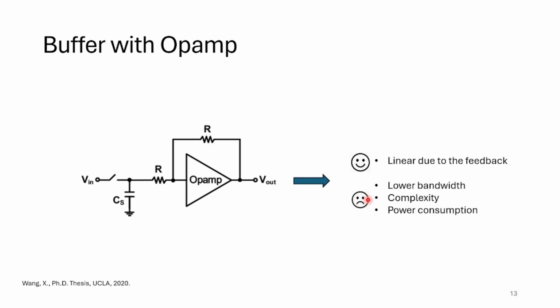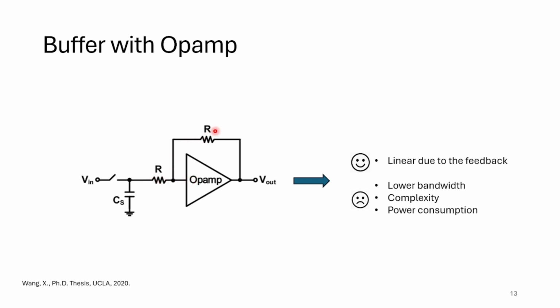To remove the nonlinearity, you can use an op amp in feedback. We know feedback makes everything more linear, and the gain now wouldn't be defined by the transconductance of the transistor or its output resistance, which are both nonlinear.